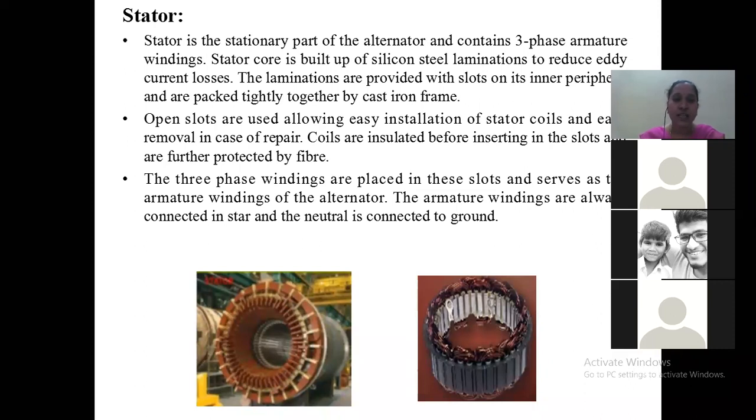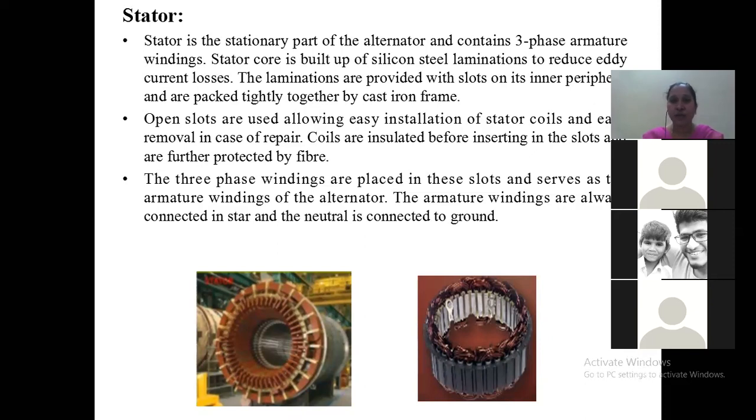The three-phase windings are placed in these slots and serve as the armature windings of the alternator. See, slots are meant for the windings to get inserted into them. These slots, you can see, are supported by the silicon steel laminations, and the frame is made of cast iron.